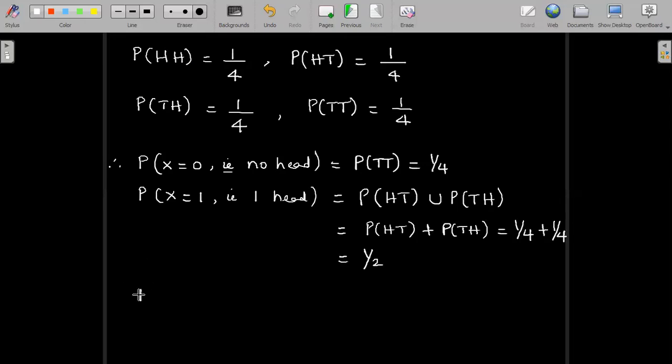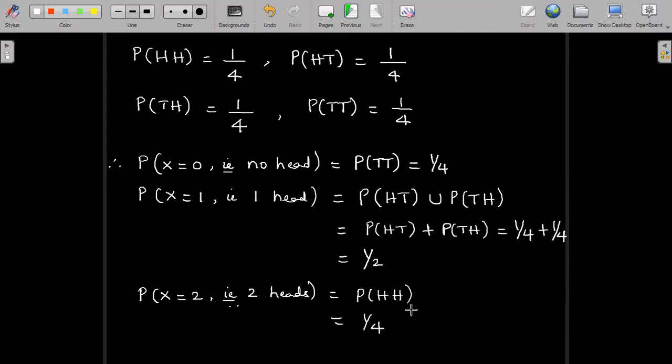And lastly, now we will write down probability of x is equal to 2. So x is the random variable which is defined as number of heads turning up. So 2 heads turning up. We have to look for 2 heads turning up. So this is equal to probability of HH, and probability of HH is 1 by 4.